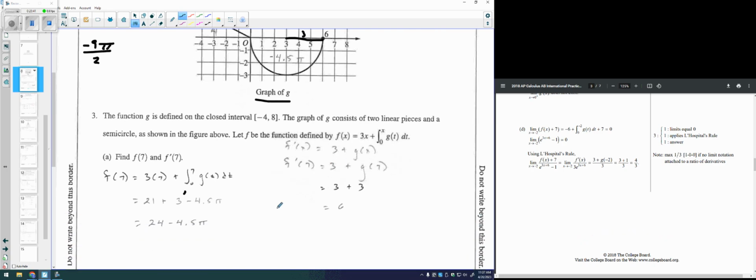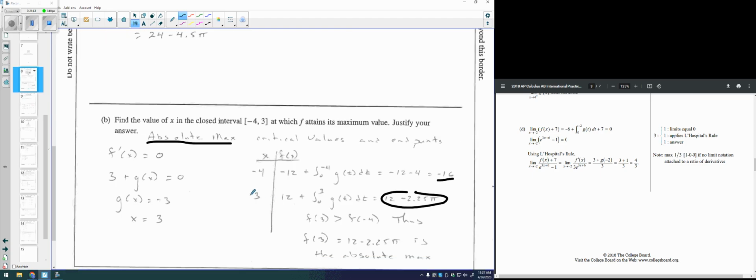If it's always increasing, then this right-hand side endpoint has to be the greatest point. Okay, so there's the other justification. This would be justifying my answer with this work, or saying that this is always positive and therefore the function has to be a maximum at the right-hand side endpoint. Some of you did a nice job saying that, but my justification also works. This is an extreme value theorem.